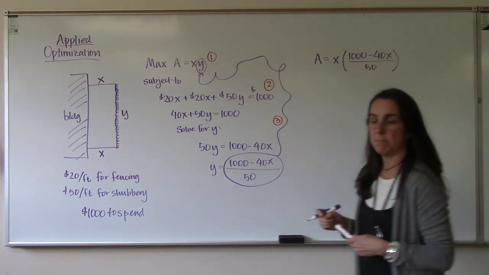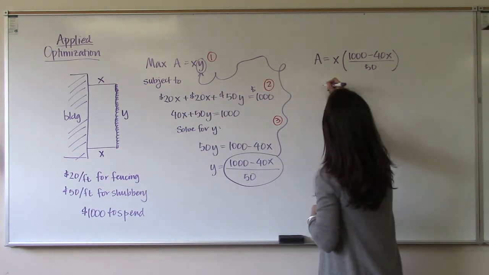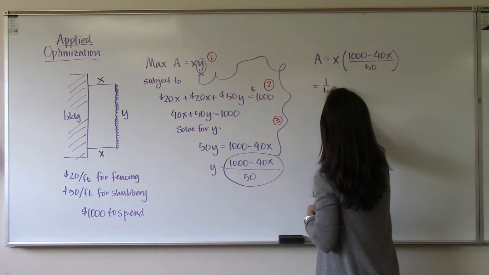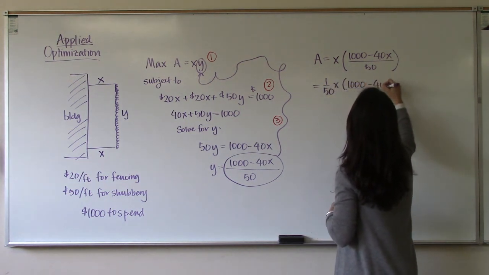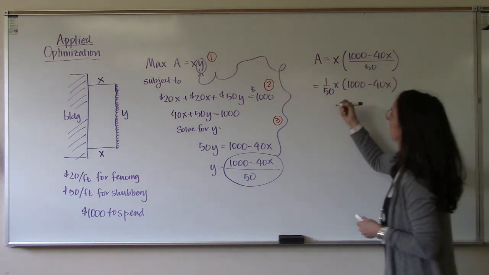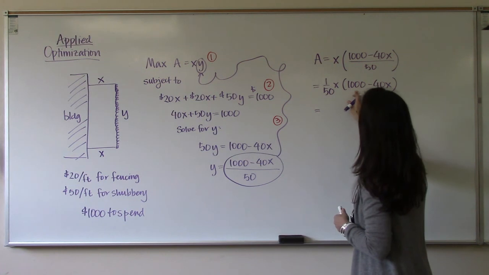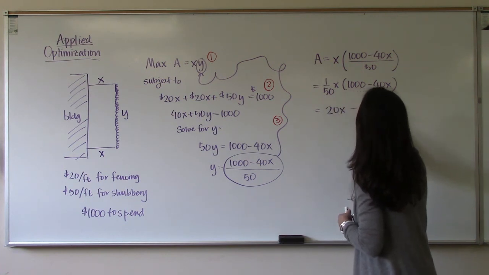Since I know I'm going to be taking the derivative of this thing, I want to clean it up a little bit. In fact, I'm going to go ahead and distribute this. 1,000 divided is 20x minus 4x squared.